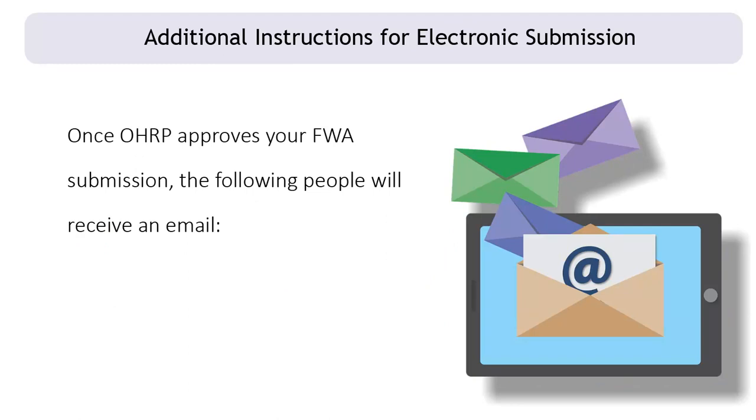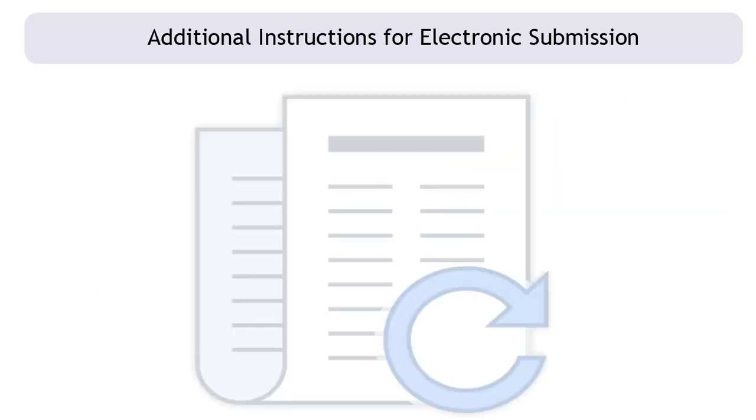Once OHRP approves your FWA submission, the following people will receive an email: the signatory official and the Human Protections Administrator. In closing, the process for updating the FWA is similar.